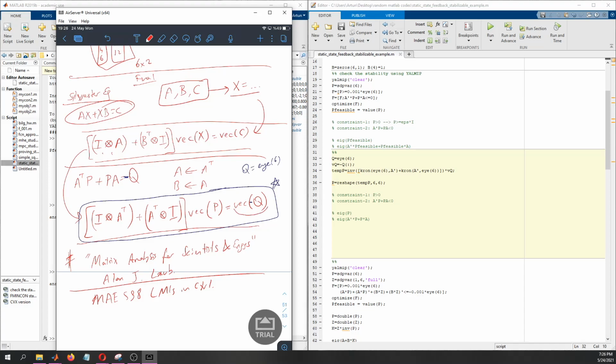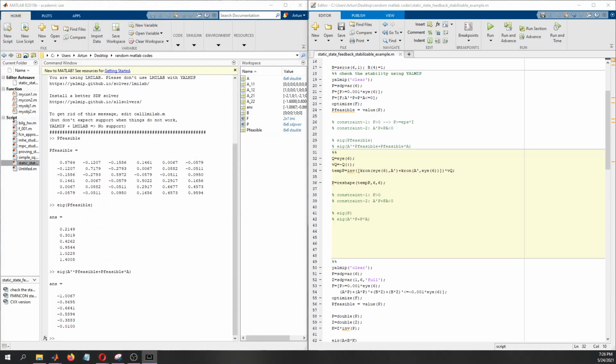I just call this in MATLAB VQ. First I define VQ, and then I define this big derivative matrix, and then I solve for P, and then I reshape P to get the 6 by 6 positive definite P matrix, and then I check if the whole computation was correct.